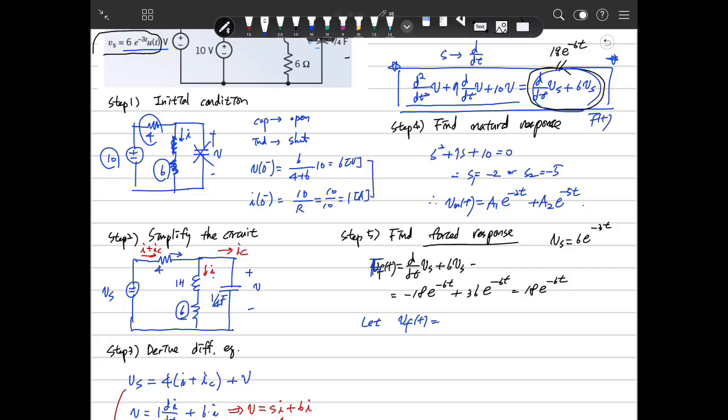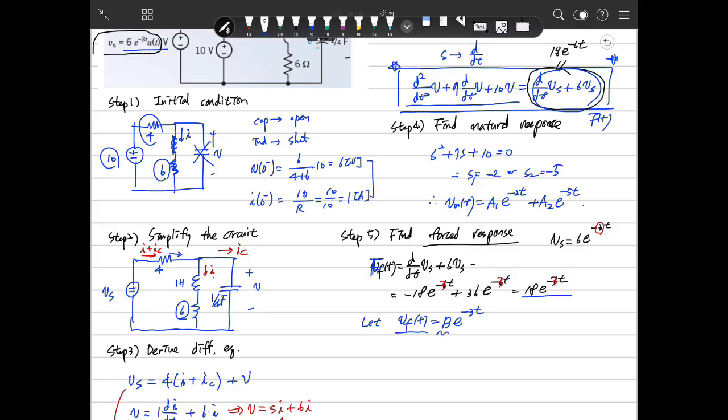So v of t is a form over here. Oh, I'm sorry, this is not 6. Wrong, because it's a 3. So the forced response is v of t equal to b exponential minus 3t.